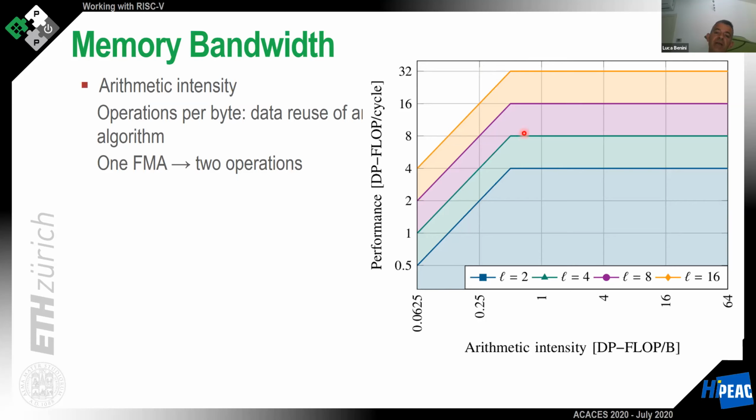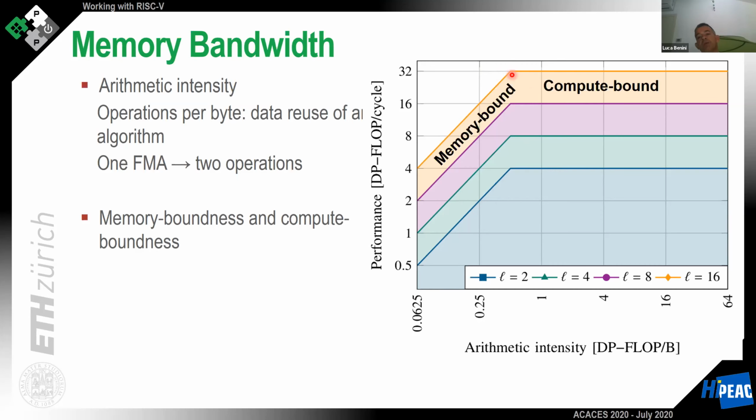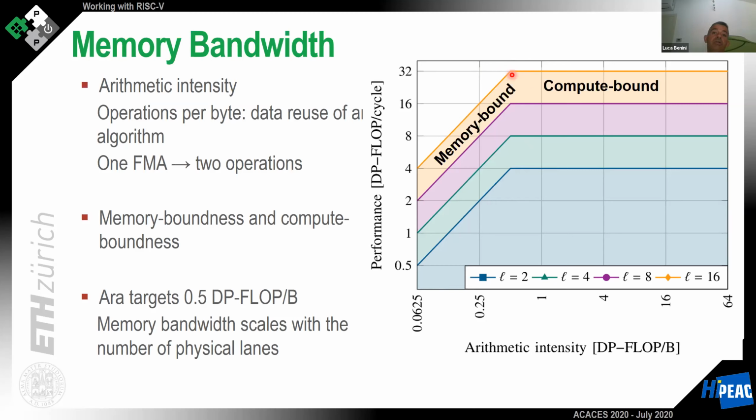The height of the roofline is the number of lanes, and the corner here is determined by how wide you make the bus in the cache. The design that I'm going to talk about today is a 4-lane unit, and the ARA target is 0.5 double precision floating point operations per byte, so around here. And you can see the bottom corner of the roofline is here.